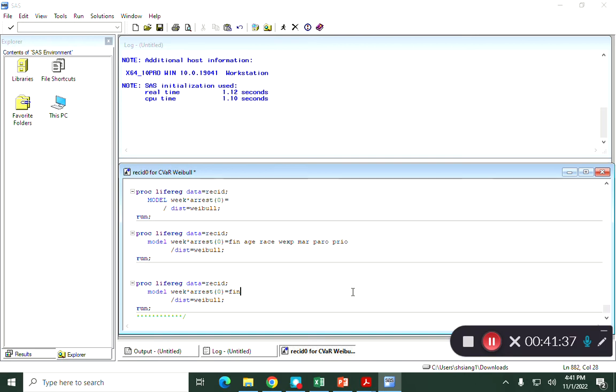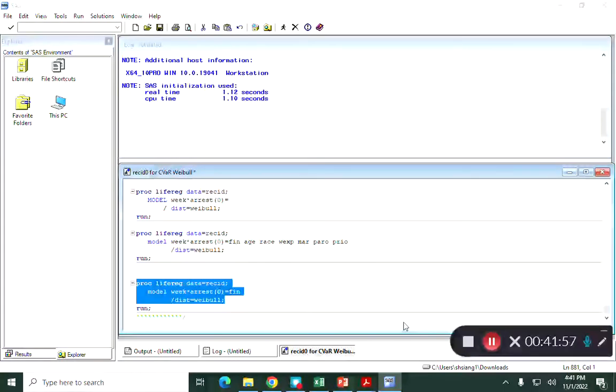So finance equal to yes or no. How many parameters are involved? Only finance or no finance? And for this one, remember, can you do a proc lifetest? And lifetest, you will have two step functions coming down. Agree? Strata equal to fin. Agree?